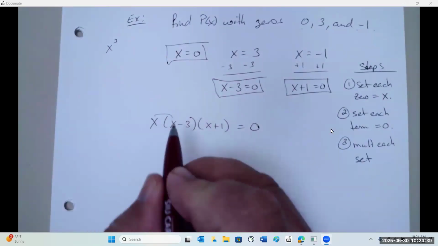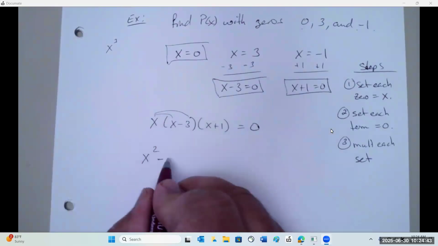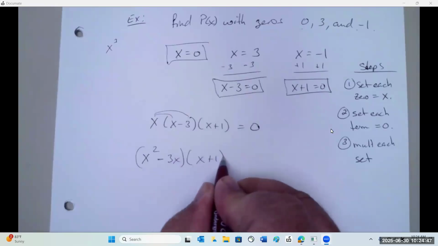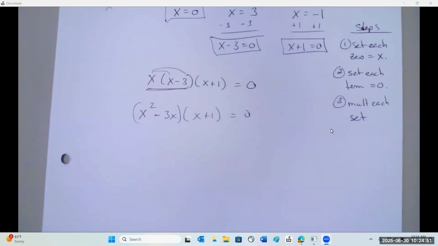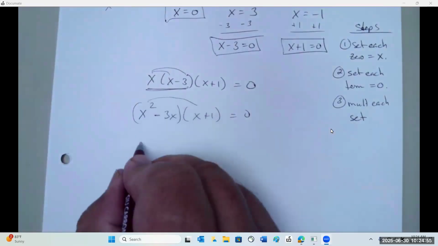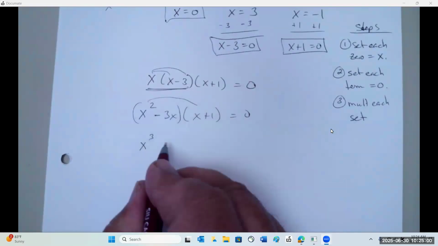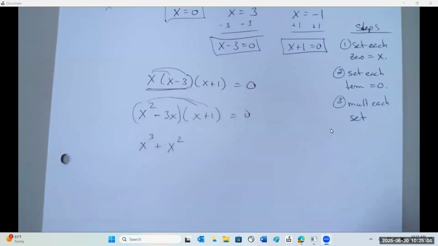So we have x times x is x squared minus 3x. That's the first one. I did these two. To repeat the process, x squared times x is x cubed. Positive times positive is positive. X squared times 1 is x squared.